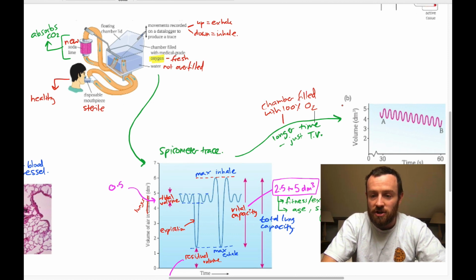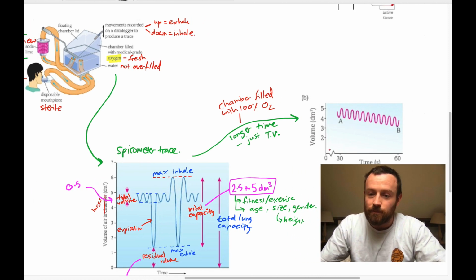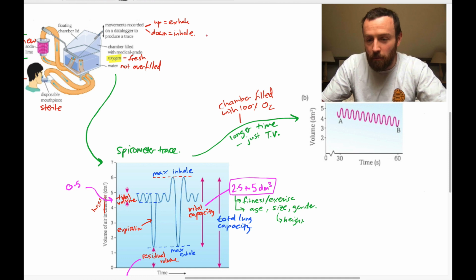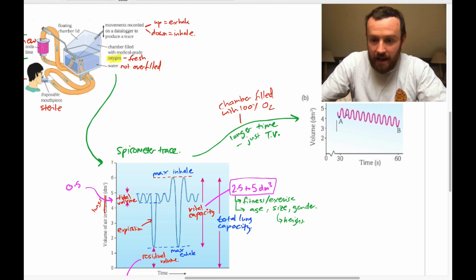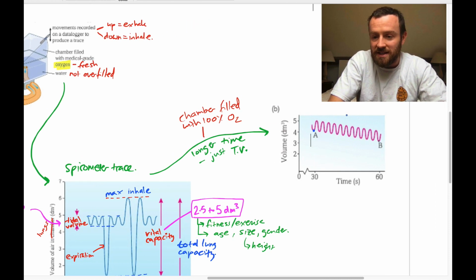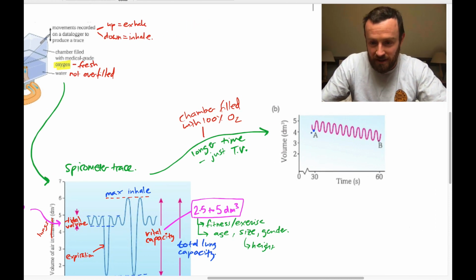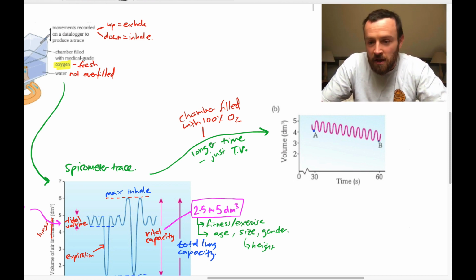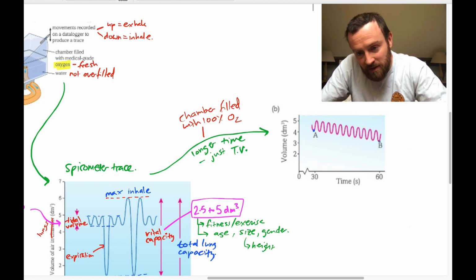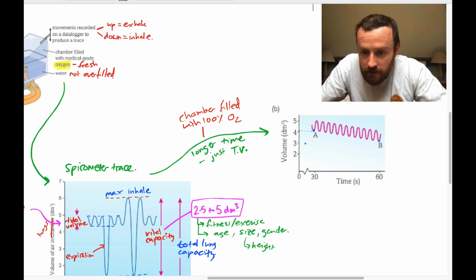So now we can measure that rate of decrease. So we pick a point. It could be at the top or at the bottom. In this diagram, the point that is being chosen is A. Now we have to pick a point on the trace that is clearly recognizable. So we would typically pick either the very bottom or the very top. So now we pick another point on the same point on the trace down here, B. And then we have to use the axes here to work out what those values are.